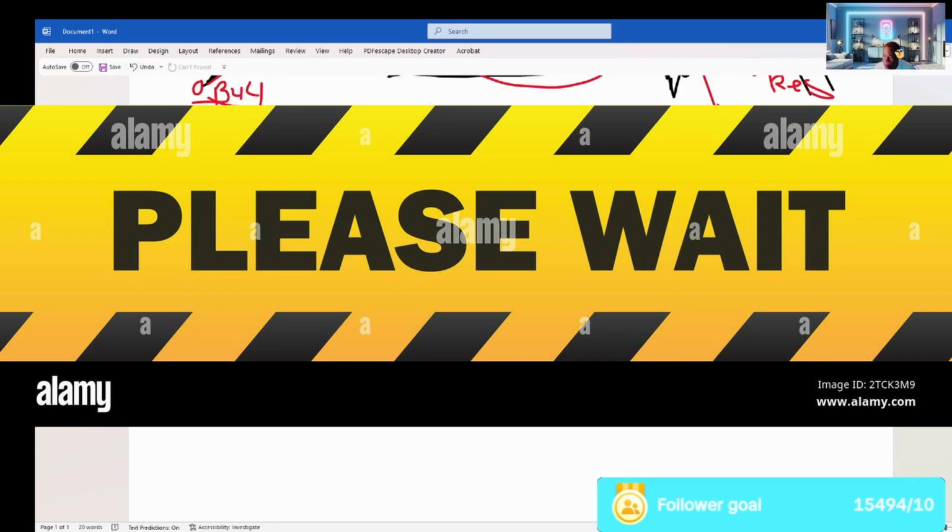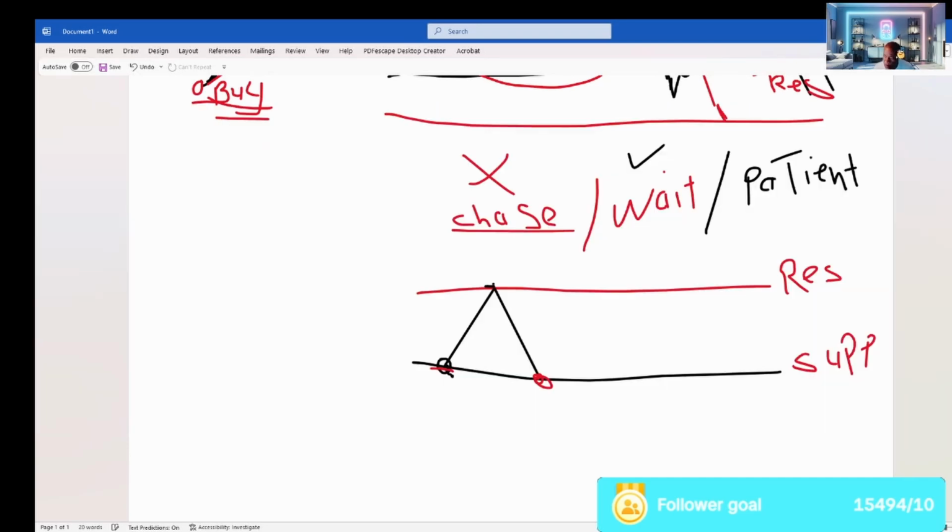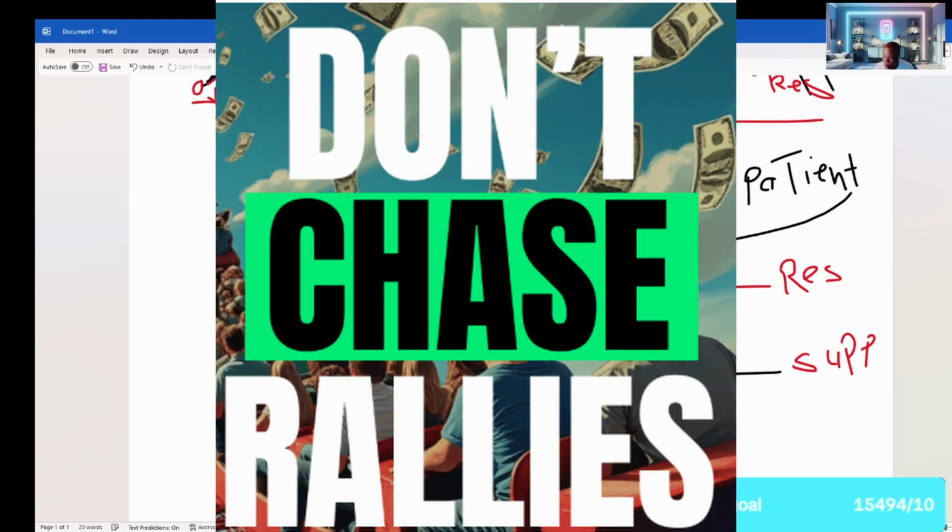And then you have to have patience. Those three things in the stock, when you trade or when you invest, if you can have those three things, you'll be all right.